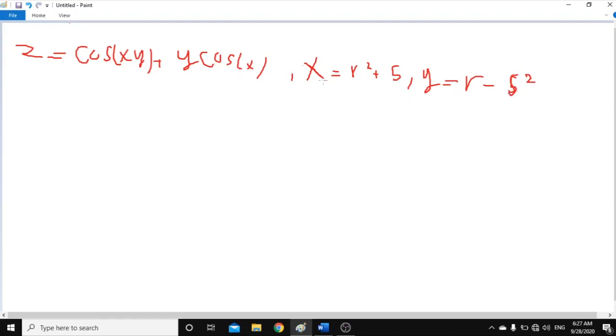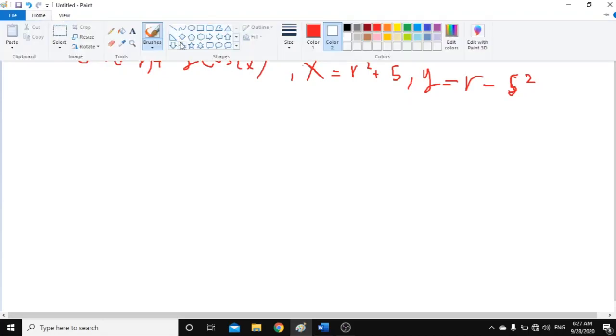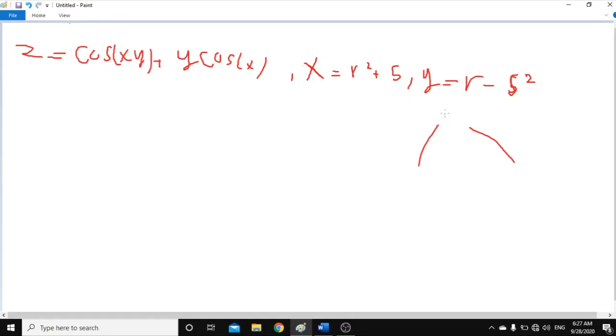What you need to do is draw a diagram for z. Z consists of two variables; cosine is a function, so we need to use the variables. We have x and y, and x and y consist of only one variable, which is r.